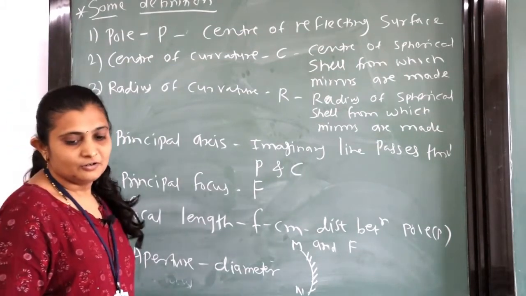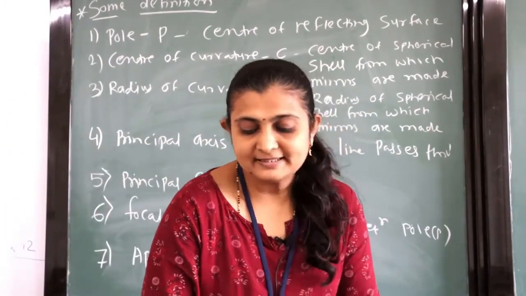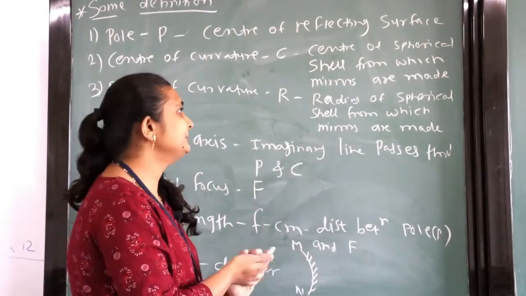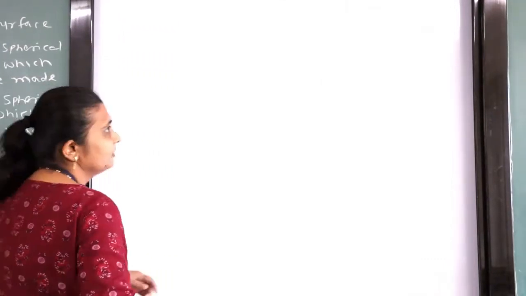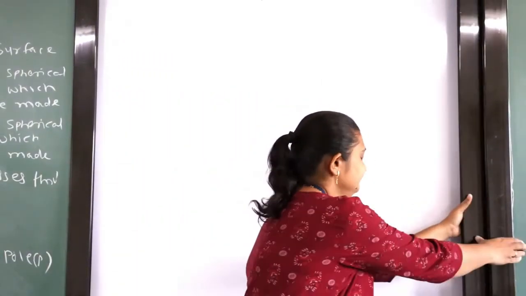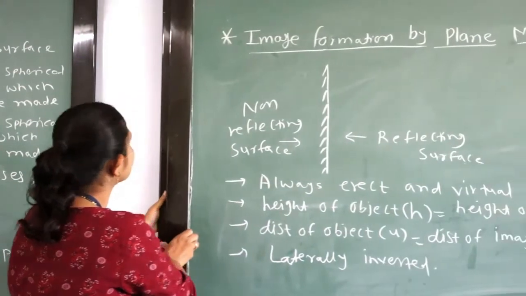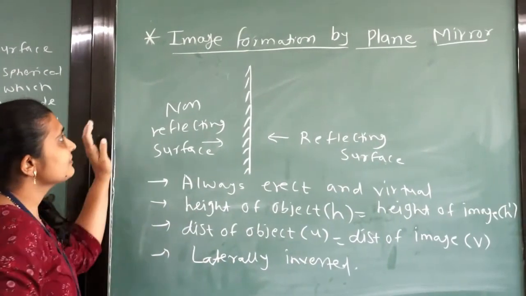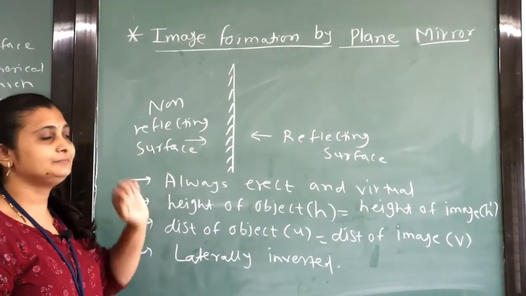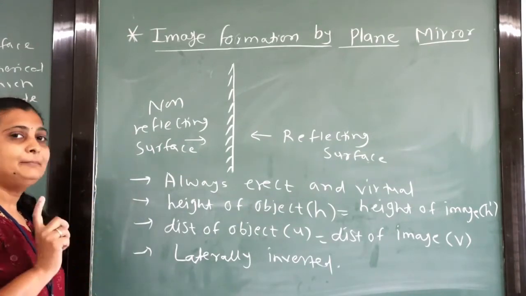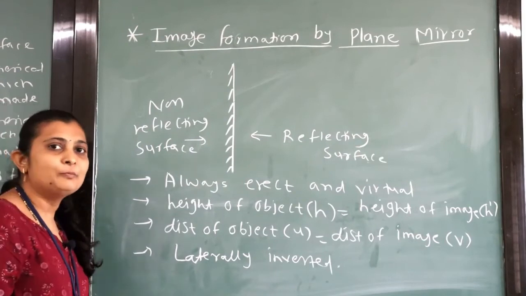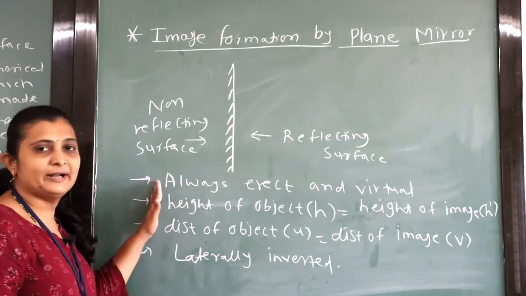Now we take a small revision of what we learned today. Today we started with image formation by plane mirror. This is the diagram for plane mirror. In plane mirror, for 2 marks you have to write 4 points.